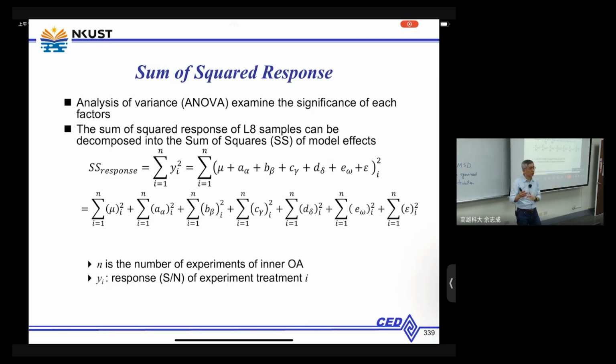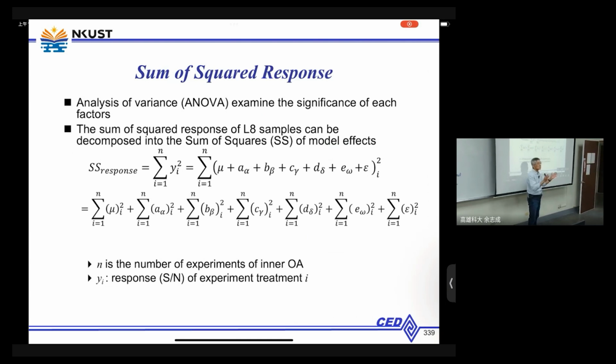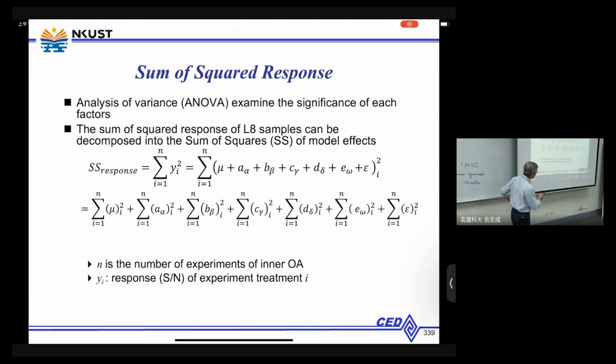Similarly, B1 plus B2 will be 0. So those interaction terms will be canceled out because of the main effect properties. So this can be simplified to only the summation of the mean square and the main effect squares.